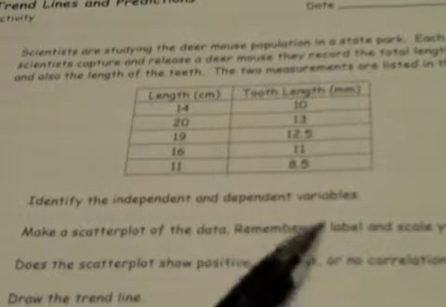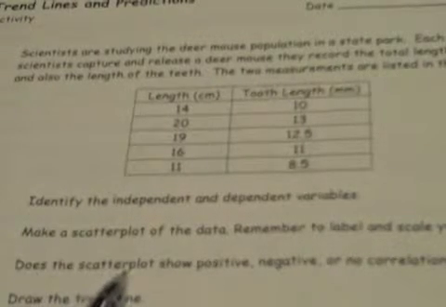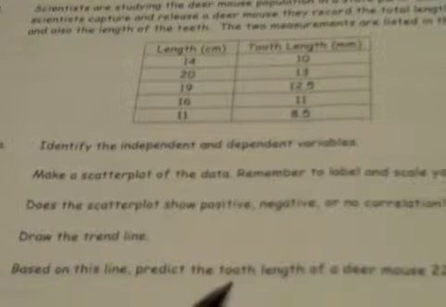We have to label and scale our axes. Then we're going to decide if the scatter plot shows a positive correlation, a negative correlation, or no correlation at all. If there is a correlation, then we're going to draw a trend line. And based on the line, we're going to predict the tooth length of a deer mouse if it happened to live to be 22 centimeters long.